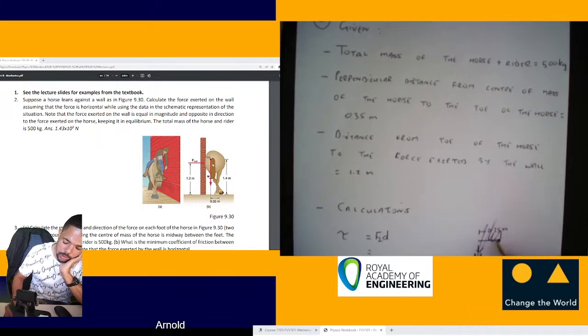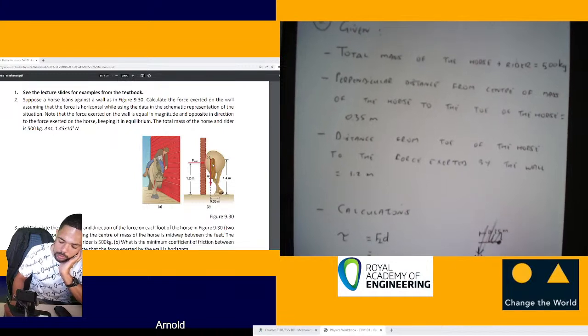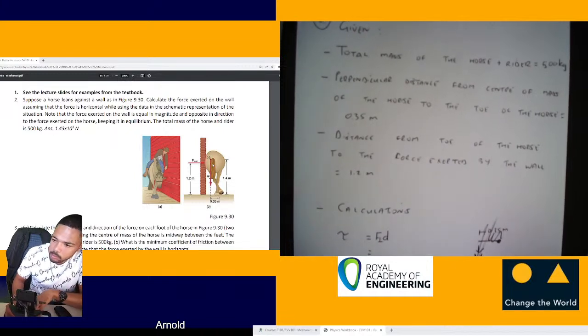Okay. Let me just redraw it. It is like this. This is the pivot, or its toe. There's the weight acting at that point, and the distance is 0.35 meters. There we have it. This is what is happening here. Okay, so a simple problem.